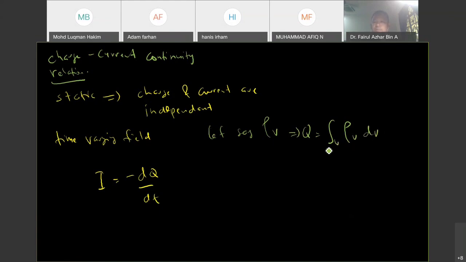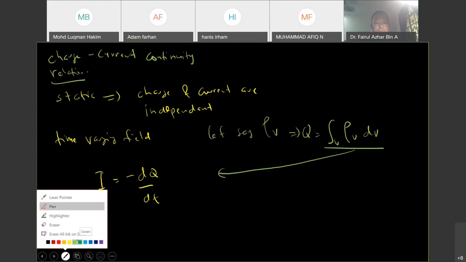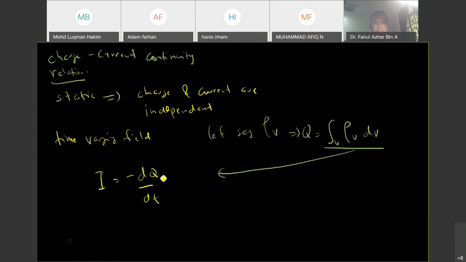If we replace this expression inside the previous expression, then we will have I equal to minus d divided by dt of the volume integration of rho v dv.